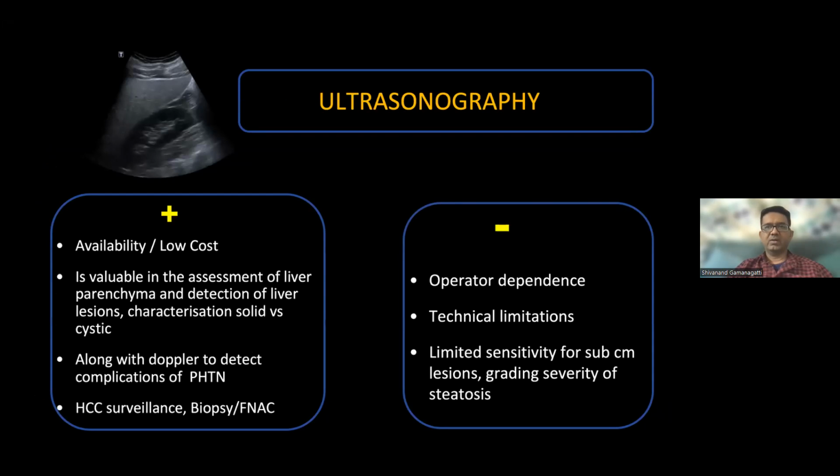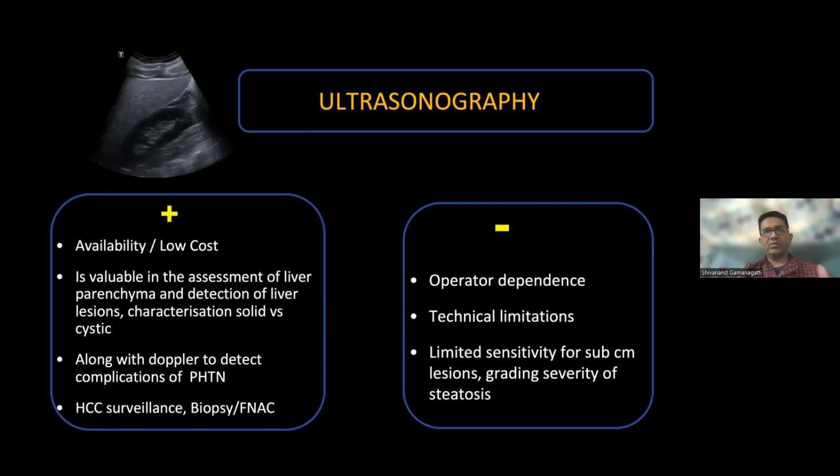And if at all you see any lesion, it helps to characterize whether it is solid or cystic in nature, which further guides you to which modality has to be chosen for further evaluation. And along with the Doppler, it helps to check the patency of the portal vein. I'm briefly covering mainly what is relevant to the liver. Don't get confused as this is GI imaging; I'm mainly focusing on the liver part.